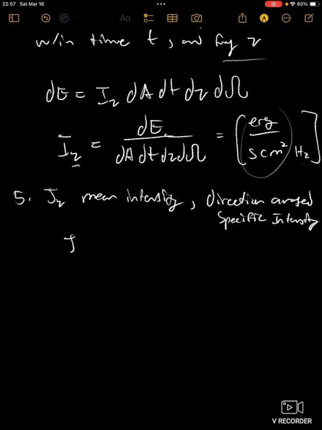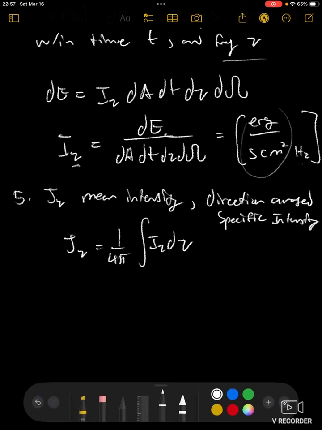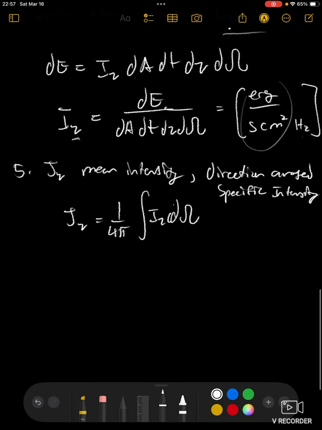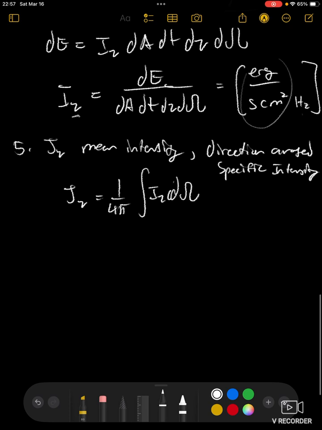Well, J nu is equal to 1 over 4 pi, because we're assuming it is like a sphere, times the integral of I nu over the solid angle. Oh, excuse me, that's not correct. And we also know that u nu is going to be equal to 4 pi over c J nu.